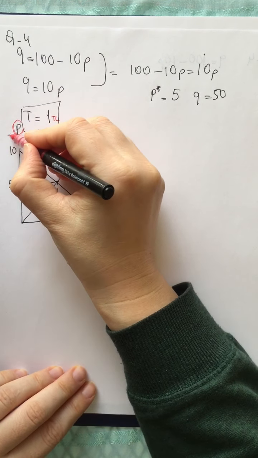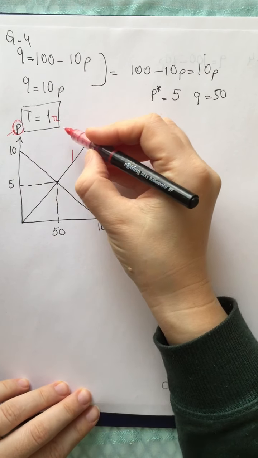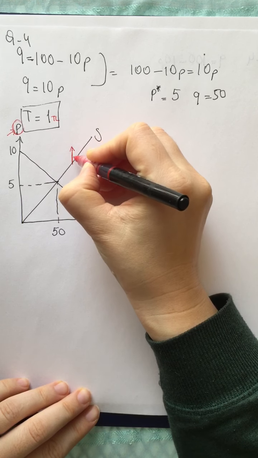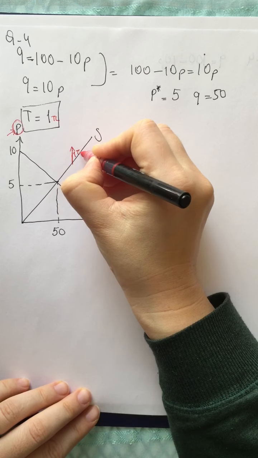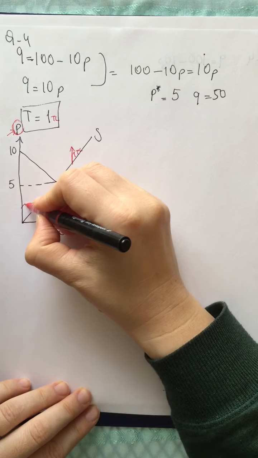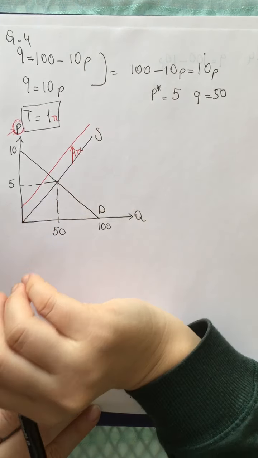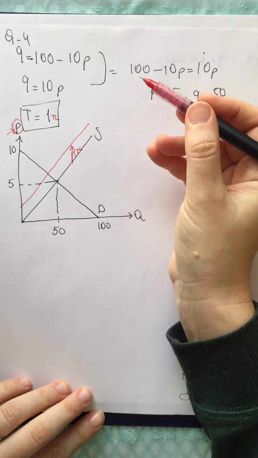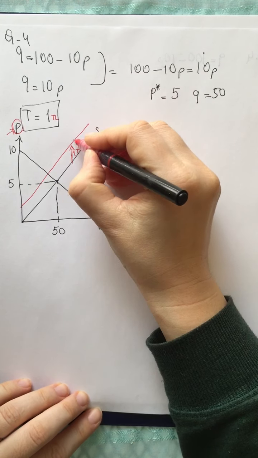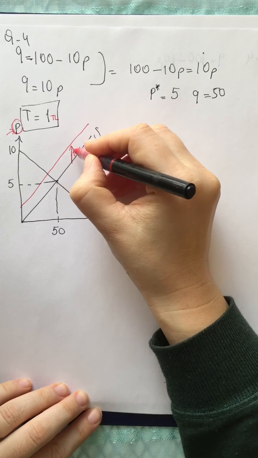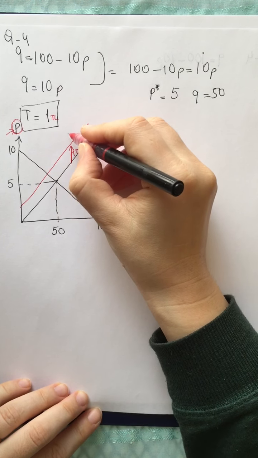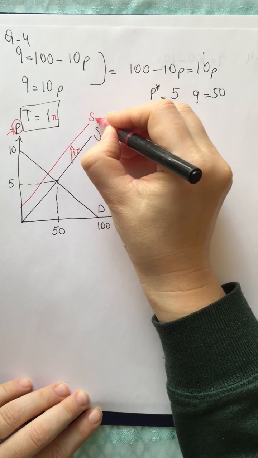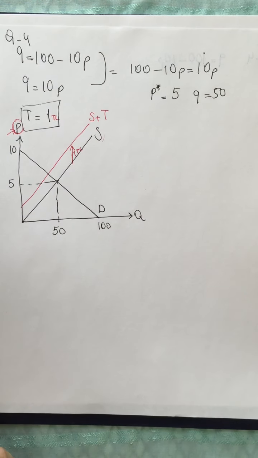We can add it vertically because price is represented in the vertical axis. So we can say that the supply will shift to up 1 lira by specific tax. You can also say that it shifted to left, but if you need to tell the shift ratio, then you need to tell it shifted, supply curve shifted to up by the specific tax. So this is the new supply function S plus T.